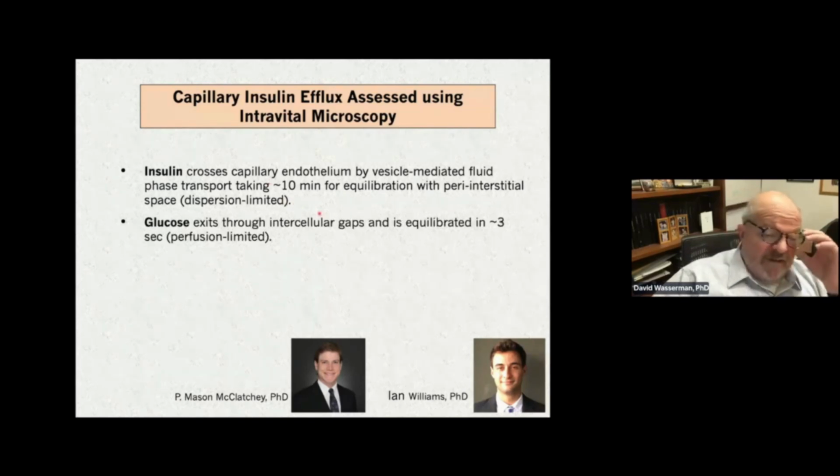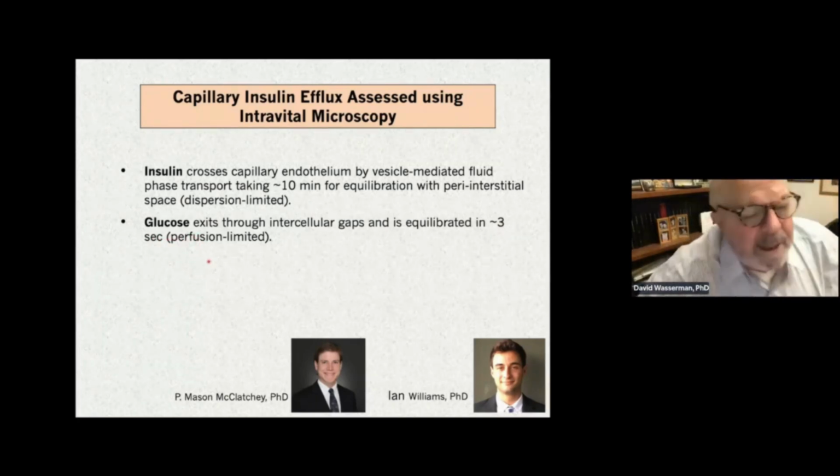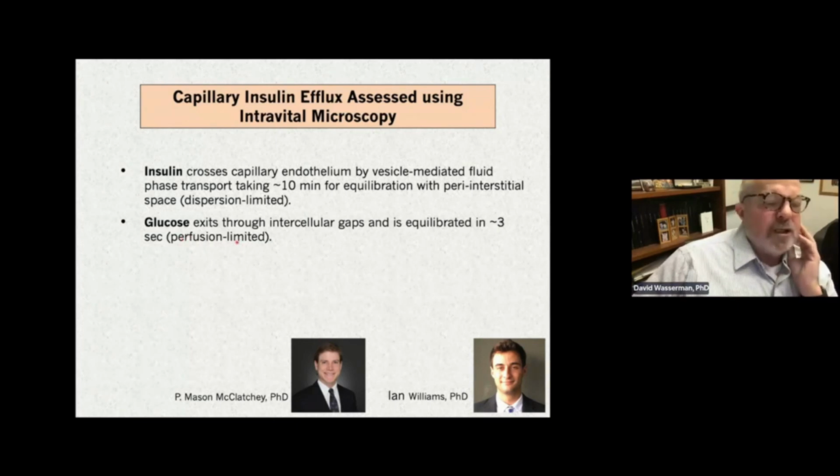Now, glucose exits through intercellular gaps, and it equilibrates with the peri-interstitial space within seconds. It's approximately 3 seconds to get to equilibration with the peri-interstitial space. And so this is perfusion limited.